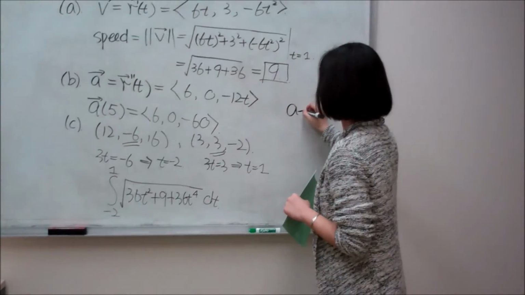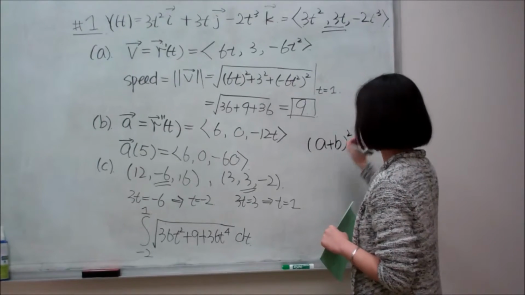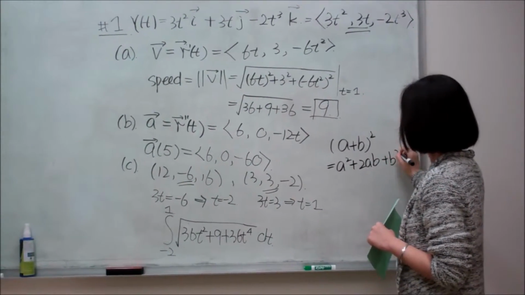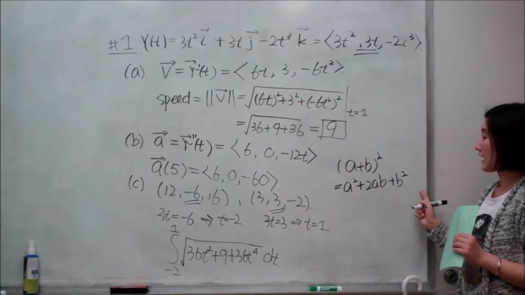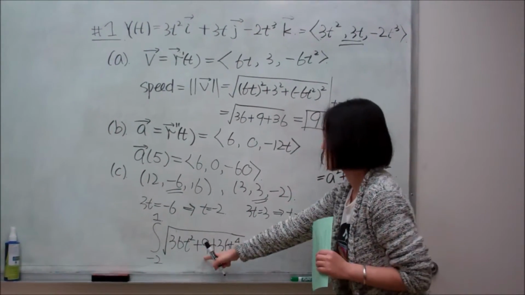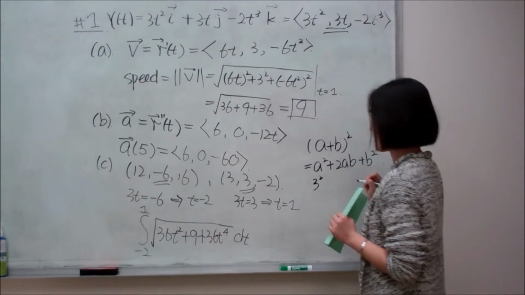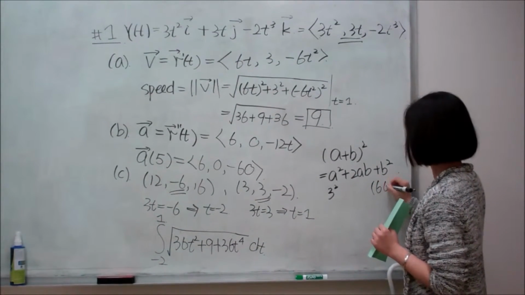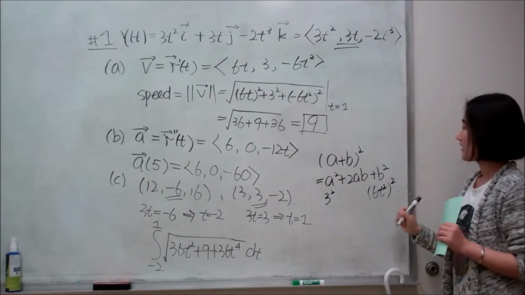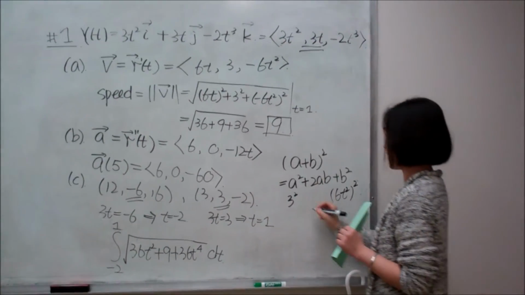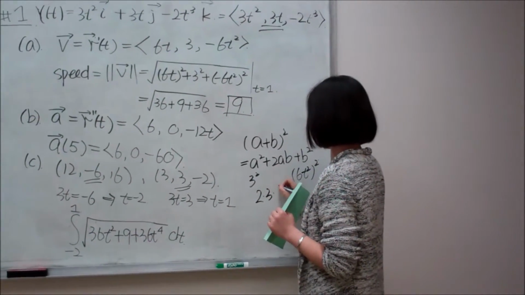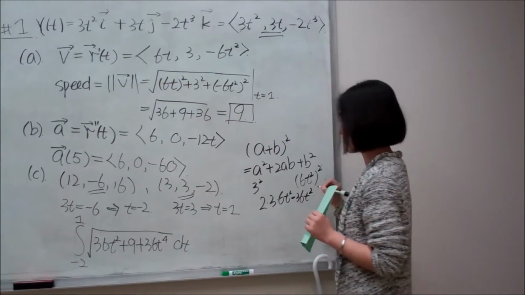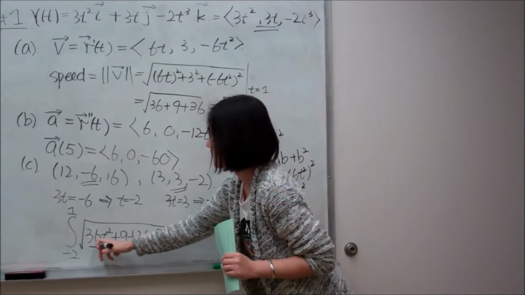So a quick review for the square is that (a + b) squared will equal a squared plus 2ab plus b squared. So now, if we say our a squared to be 9, which is 3 squared, and then b squared to be this term, which is (6t squared) squared, then our 2ab term will be 2 times 3 times 6t squared, which is 36t squared, matches the first term.